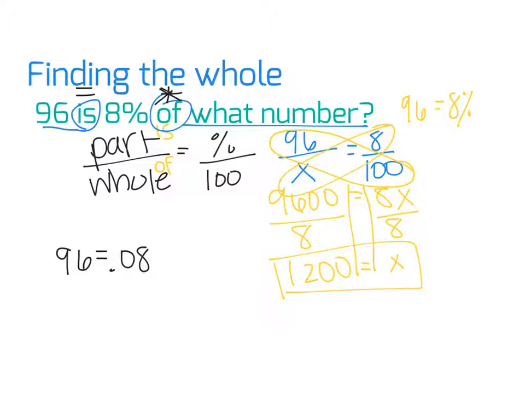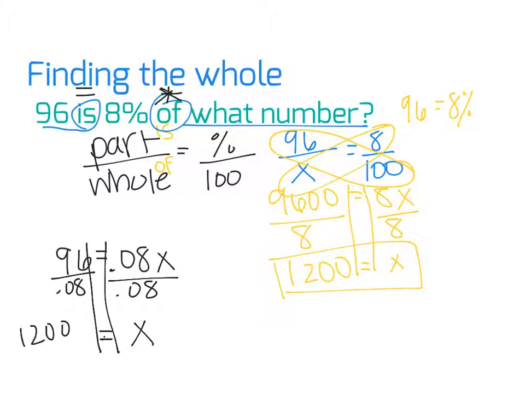I don't know what that is. So I'm just going to put a nice little variable x right there. Once again from here, if you were setting it up as an equation, you would go ahead and get x by itself by dividing both sides. And then you would be done and you would get the same exact answer for that one.